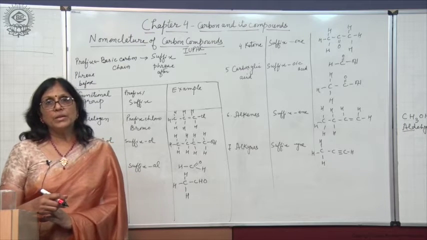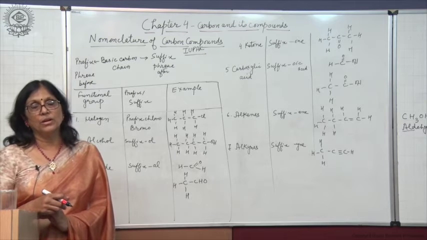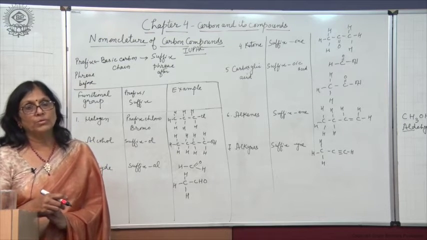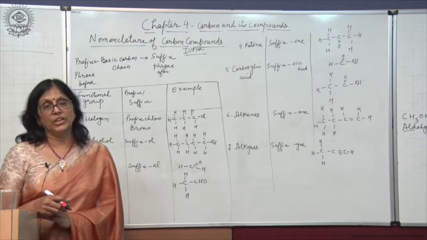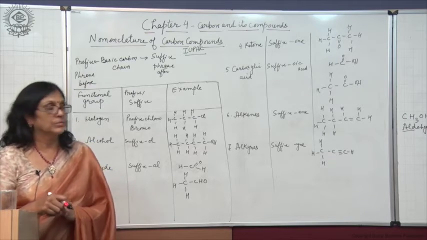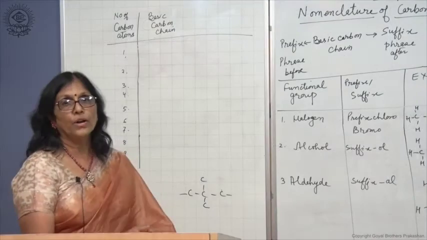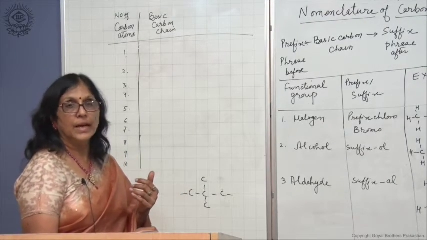Now, to name the carbon compounds, first of all write the structural formula of the carbon compound, identify the longest straight chain and count the number of carbon atoms.